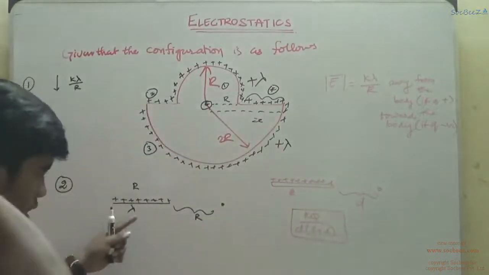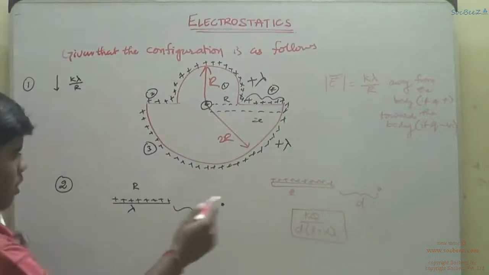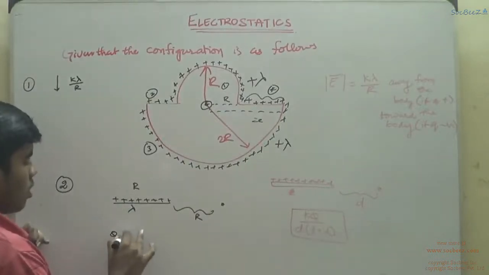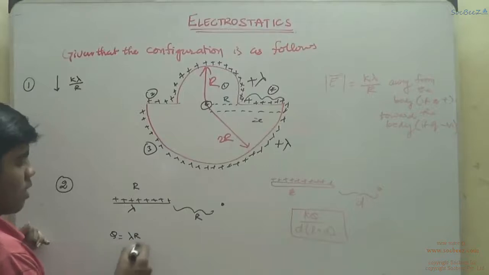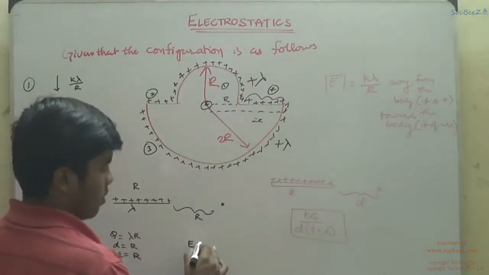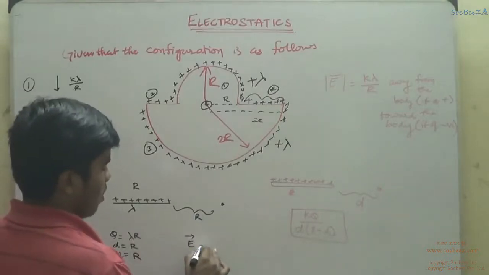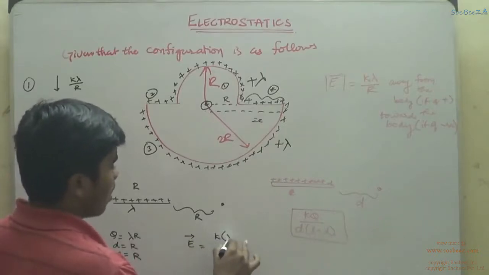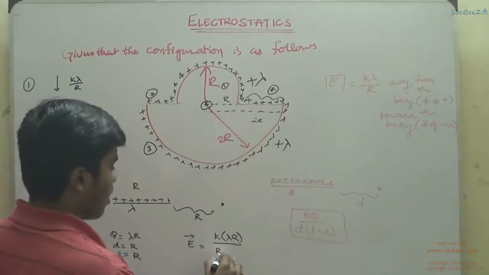So here if we try to convert, what will the Q become? In this case, Q is equal to lambda times R, D is equal to R, and L is equal to R. So the electric field would turn out to be K times Q, that is lambda R, by D times R plus R, that is R times 2R.